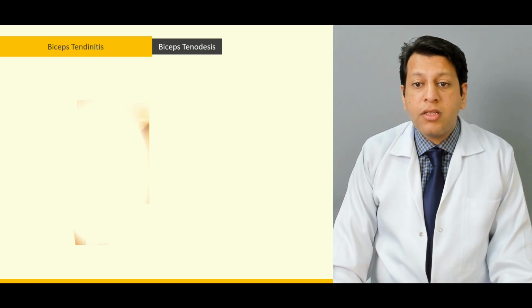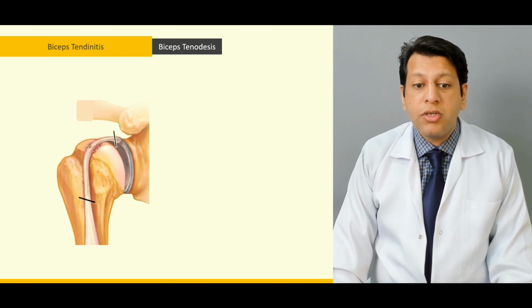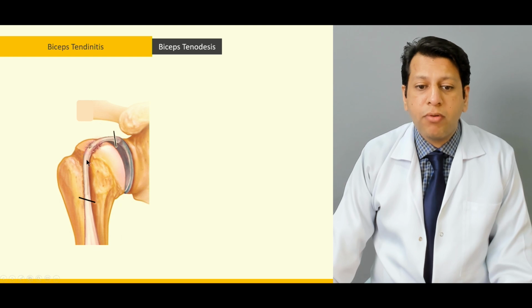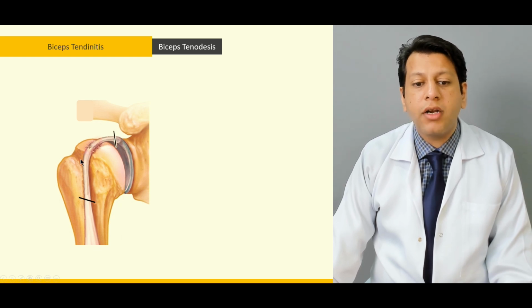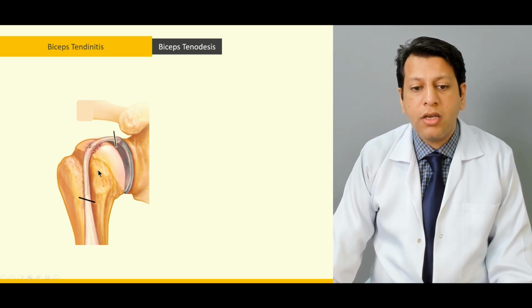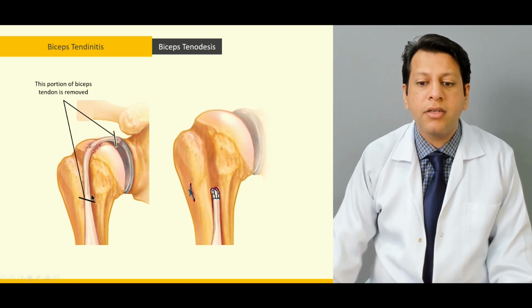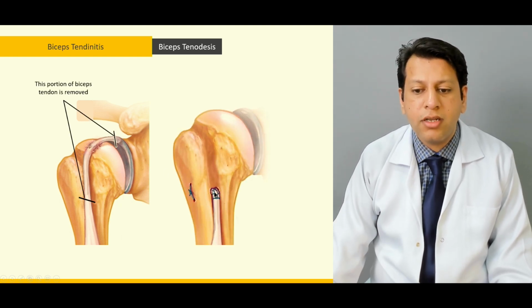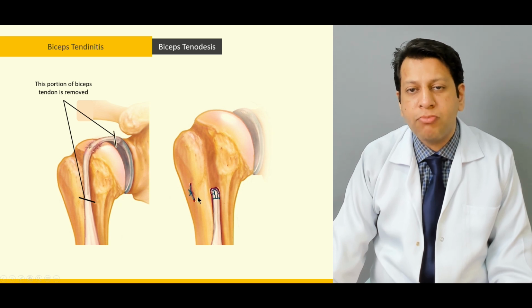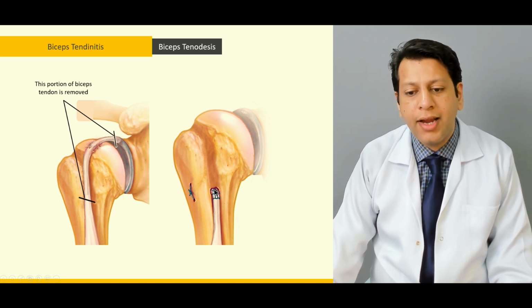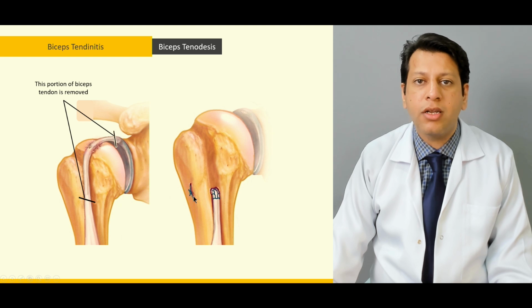Now, the other option includes the tenodesis, if there is a lot of inflammation, abrasion and fraying of the tendon. We can cut this area and apply a suture anchor in the bicipital tuberosity, or the other option is a hole drilled through the bone and the tendon gets rerouted into another area.